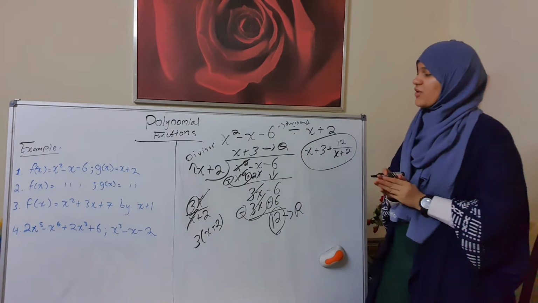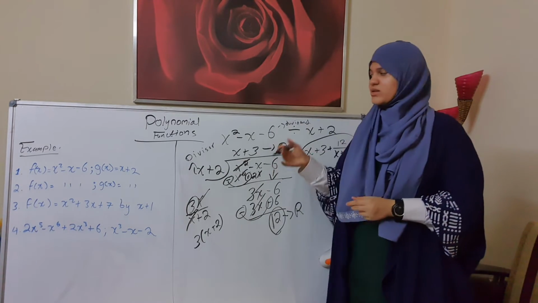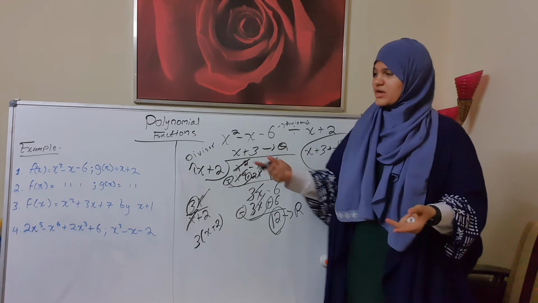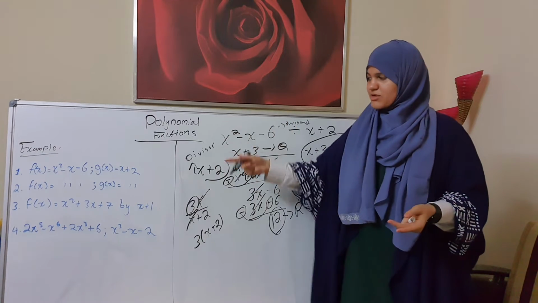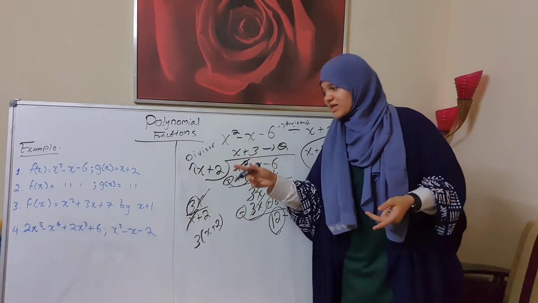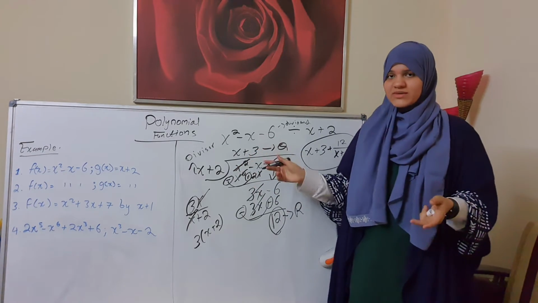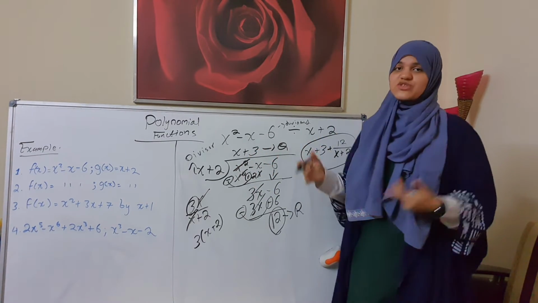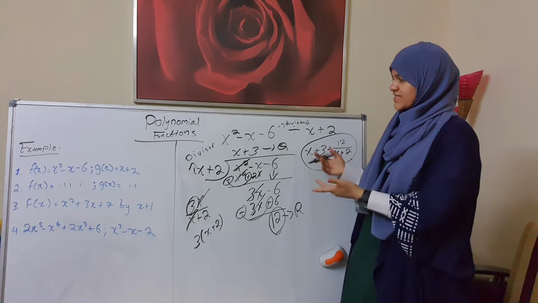Okay, now let's go by another example, another division theorem in example number 3. What we have here, f of x is equal to x squared plus 3x plus 7 by x plus 1. So let's do it together. It will be the same way that we solved the previous example.